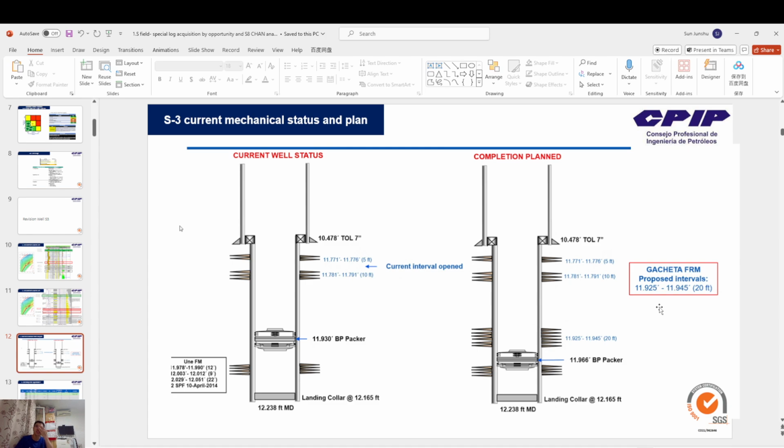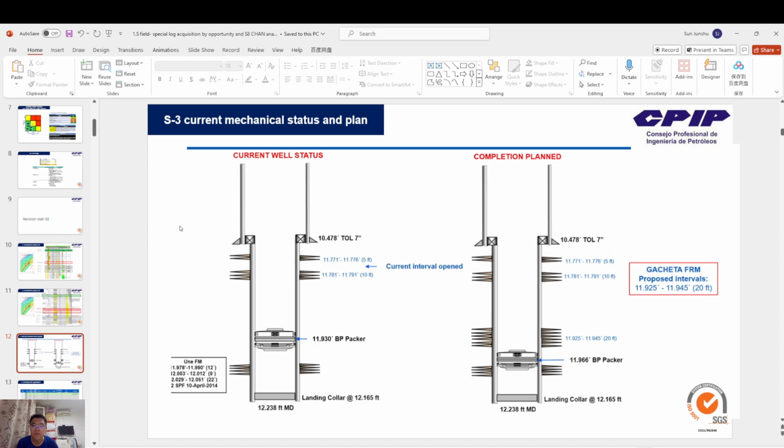S3 current mechanical status. This is the current well status. This is the current interval opened, 15 feet.